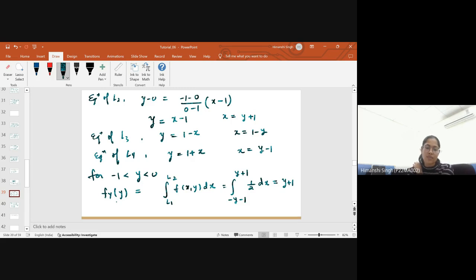I am finding the marginal over y, so I should have integrated with respect to y, but I have just taken the integration with respect to x only. Because I am taking the integration with respect to x, here I should take the values of x. Actually, that is the mistake I have made here. So for that I need to change it.